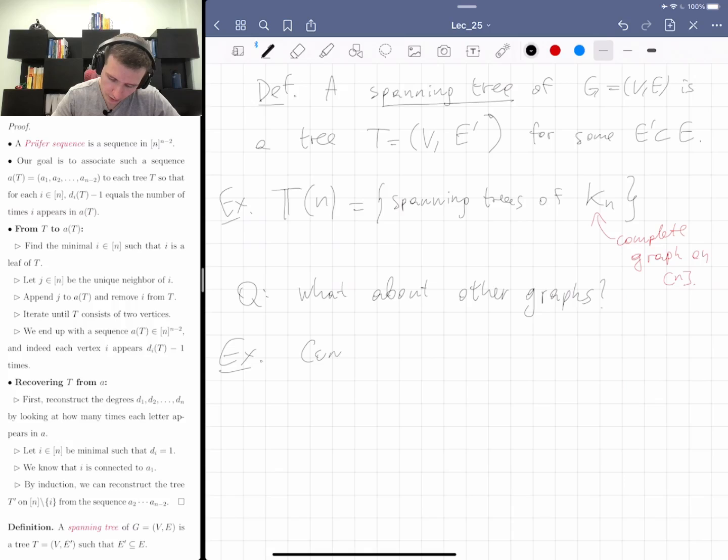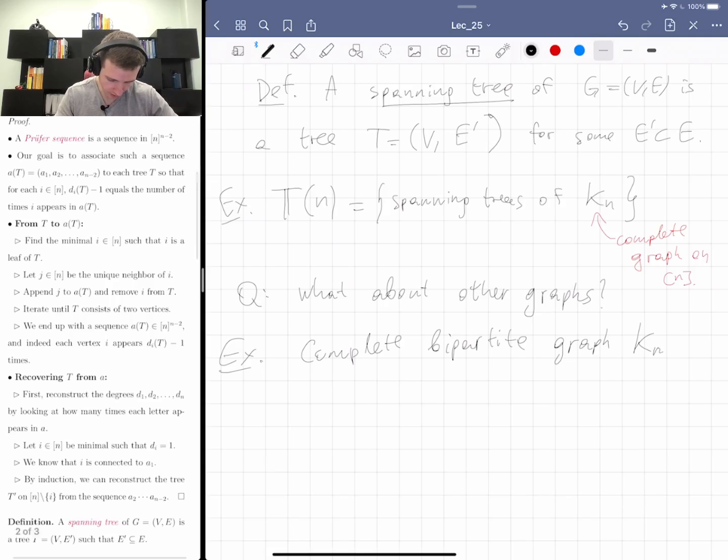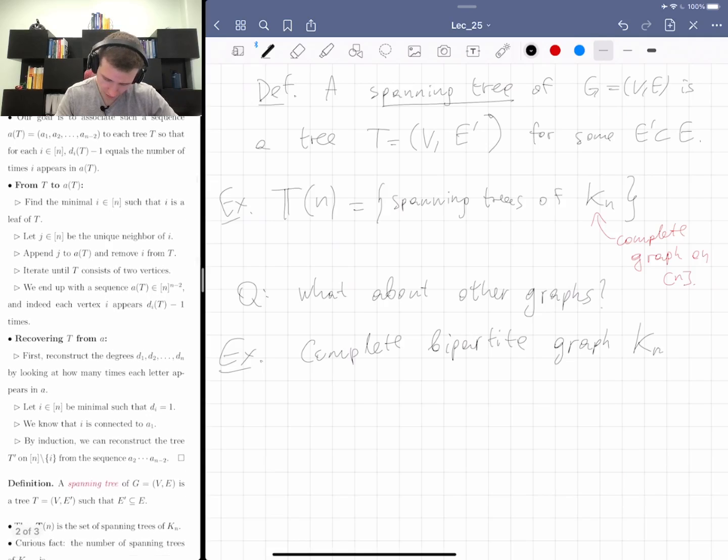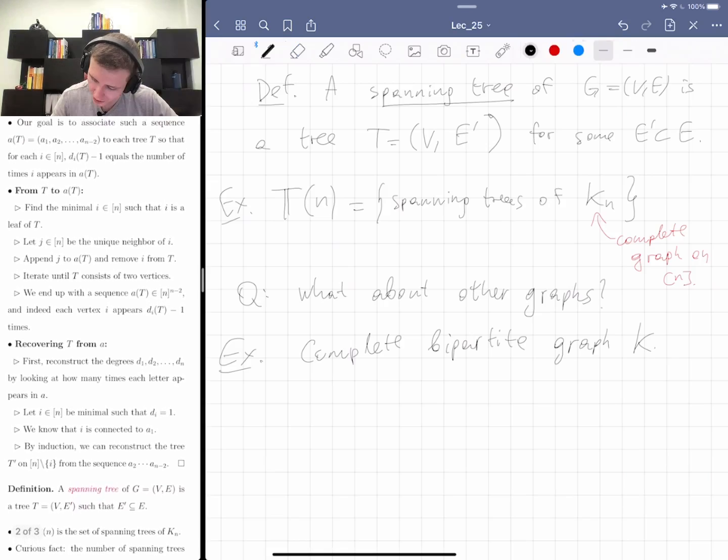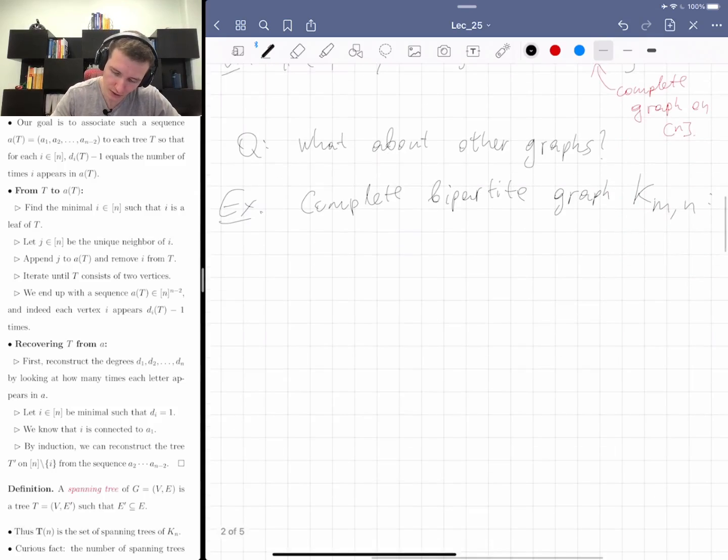So the complete bipartite graph, which was denoted K, what is it, KMN. Okay, M goes first. Doesn't matter. KMN. Let's say I do some example. Maybe.